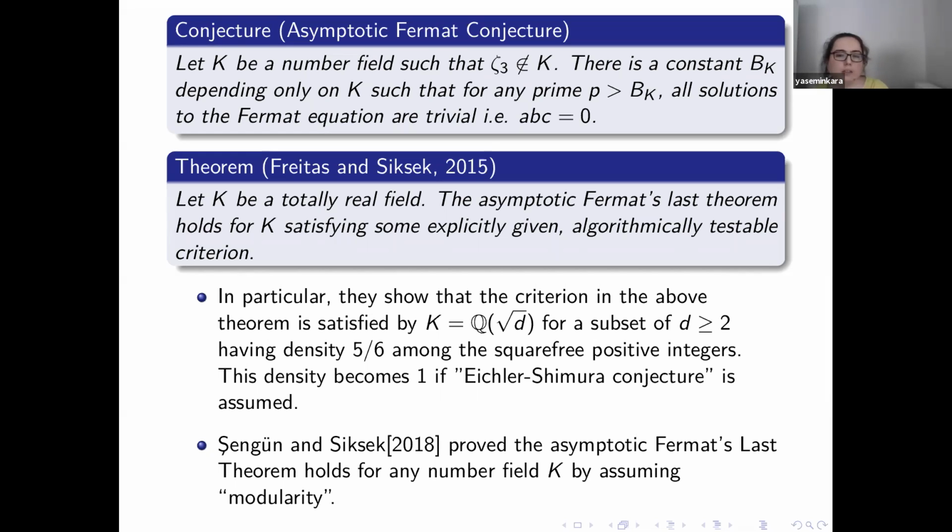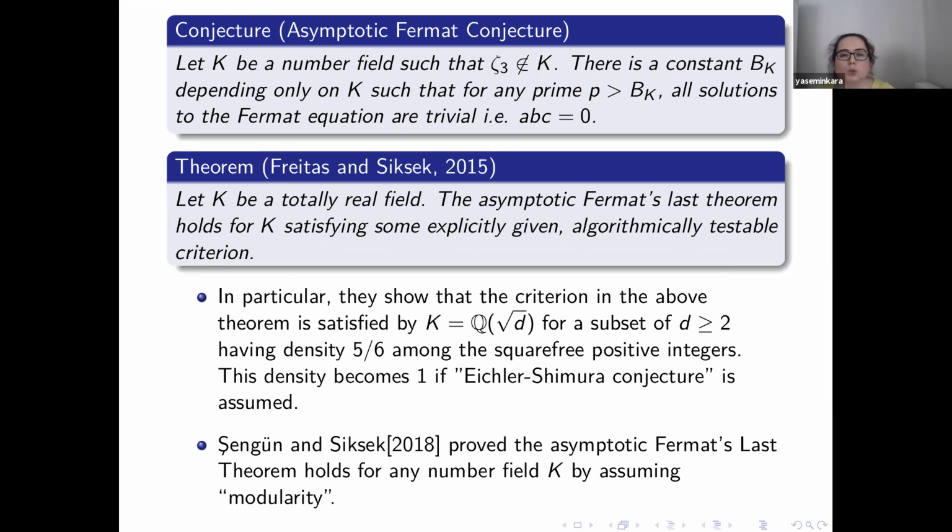Okay, and here, if you don't want to prove that the density is 1, so that means you don't have to assume the conjecture. Actually, in the totally real field case, you have the modularity theorem. You have the level lowering theorem, and they proved it in some of their previous papers.